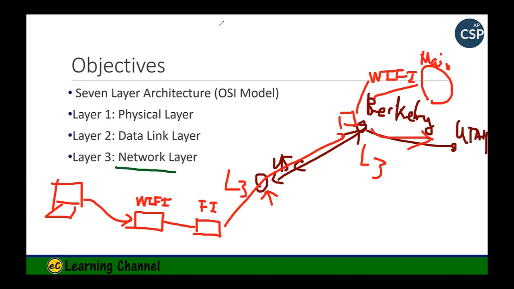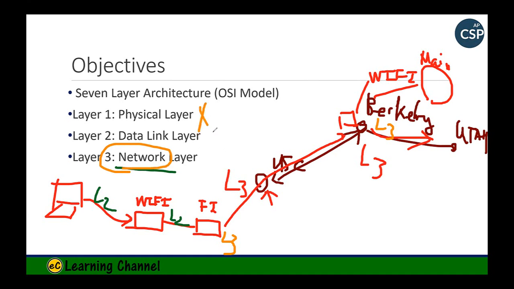So inside USC you have level 2, and right here you have level 3 communication from USC to Berkeley. So level 3 is the network layer.